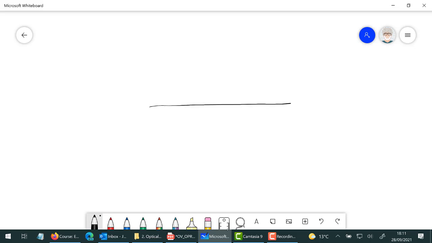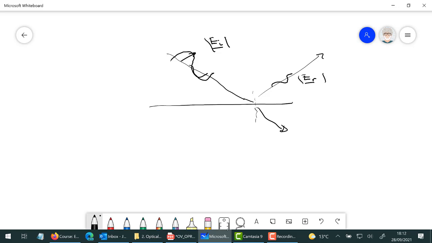Then again, if we have our surface, the wave coming in, some of it being reflected and some of it being transmitted, then we have our amplitude for our input wave here as E_I, the amplitude of the reflected wave, E_R, and the transmitted wave, E_T.